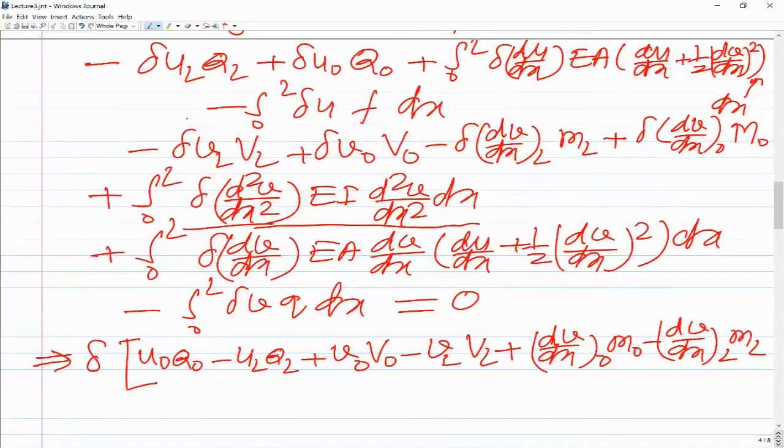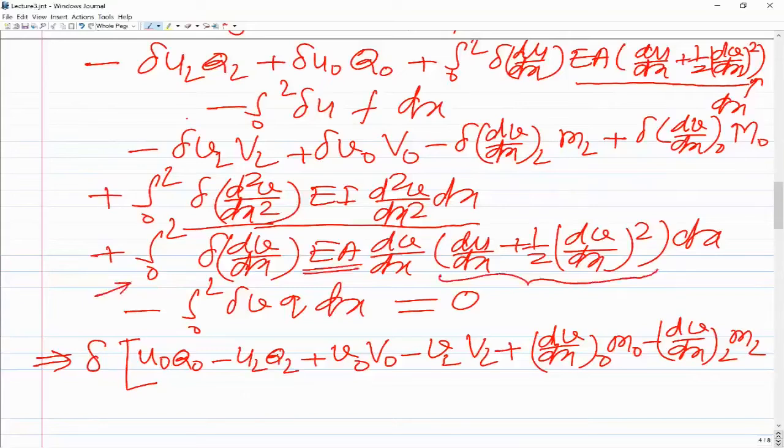But now if you look at the second term, here you have this EA into du by dx plus half of dv by dx whole square. So that term is there. And now in this particular term also, one of the terms is this EA into du by dx plus half of dv by dx whole square. So this term is actually common.